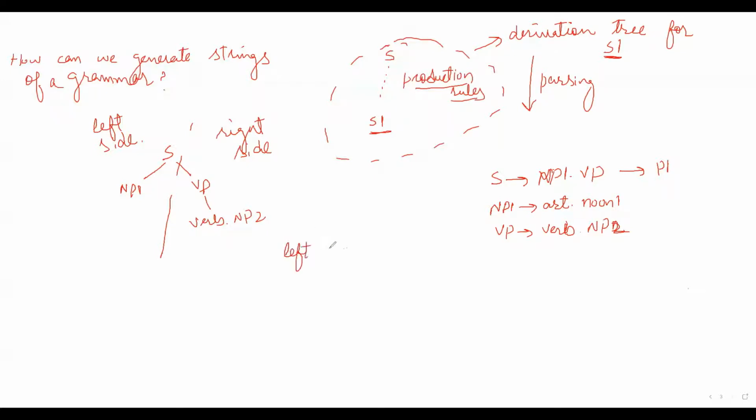One is the leftmost derivation tree, and another is the rightmost derivation tree. So using the grammar rules, we can reach a final string either using the leftmost derivation tree or using the rightmost derivation tree.